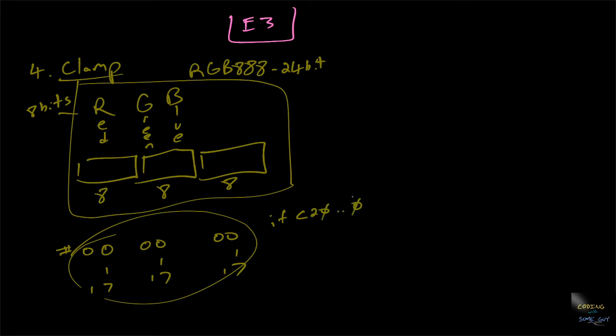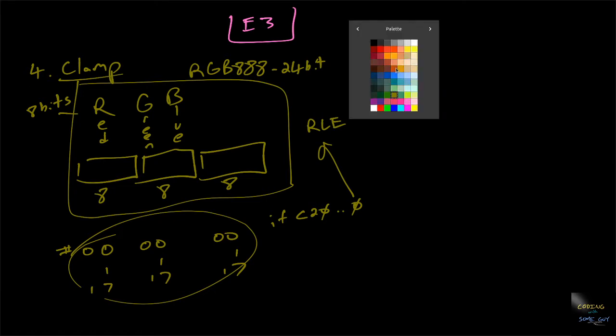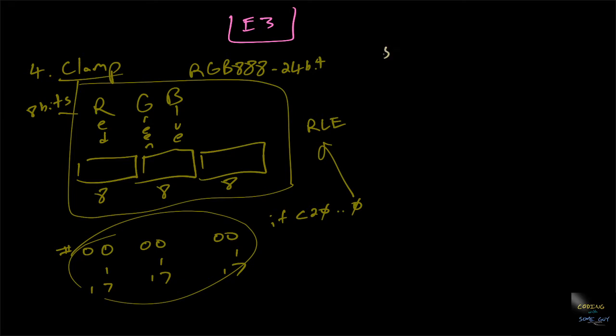This is really nice because, as Okigan mentioned before, this stacks really nicely with run length encoding. If we have things which are close to black that aren't really going to add much to our end image, then we can just turn them into straight black and get longer runs. Okay, great. Clamping turns out to be really easy, by the way.